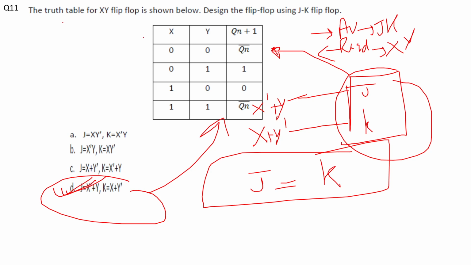X bar plus Y. I think this is the correct answer. X is equal to 0 and Y is equal to 0, and X equal to 1, Y is equal to 1. It will always lead to 1, 1. So toggling will happen, right?